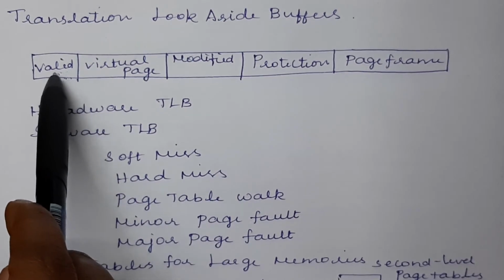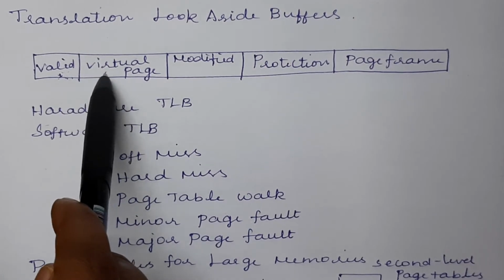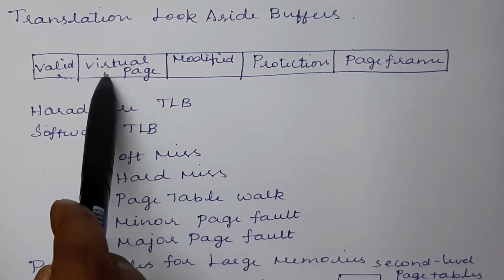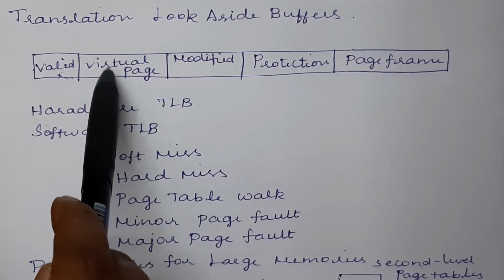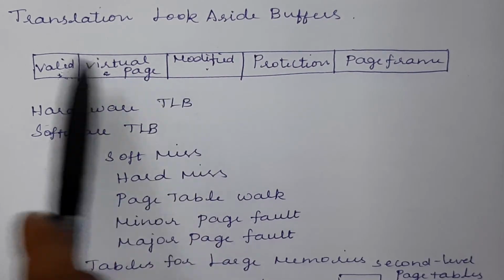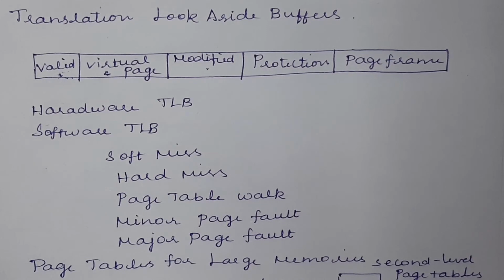The next one is the virtual page number. As usual, whenever you go with the page entries, you receive one address from the user, and that address is the virtual page address. Then the modified bit, which tells whether this page has been modified or not.